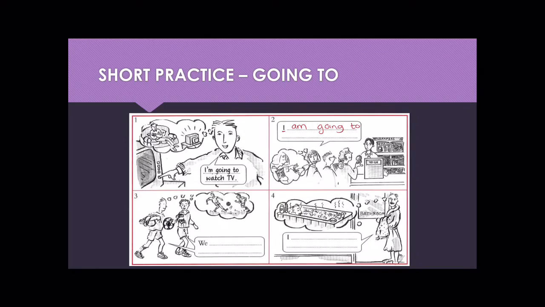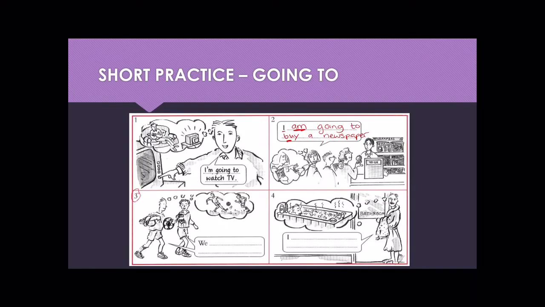Every time after the be verb, you will have going to. And this picture is not so clear, but I am going to buy a newspaper. Okay, subject, be verb, going to, verb 1.